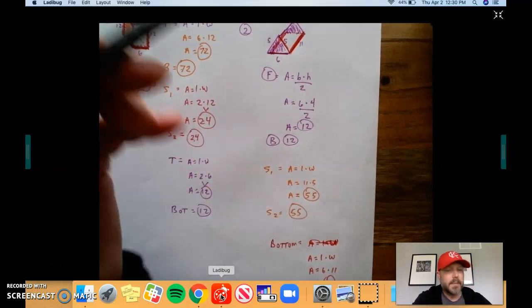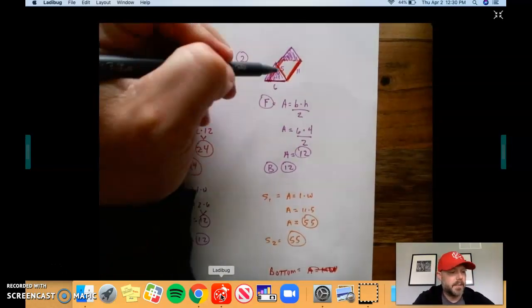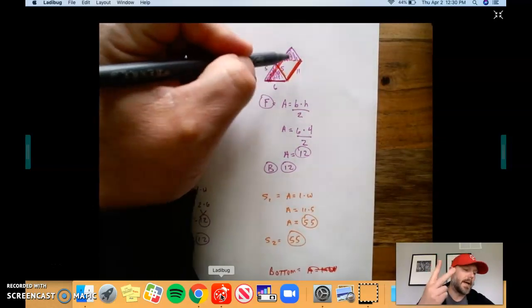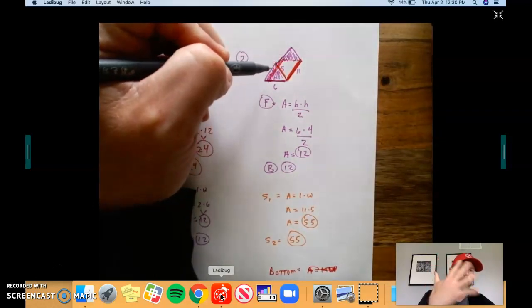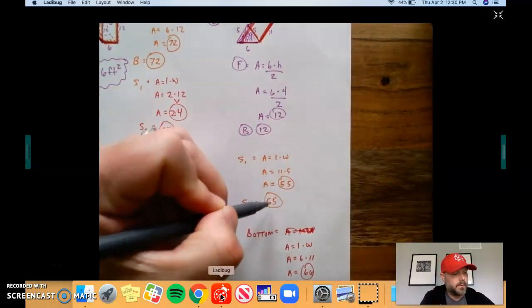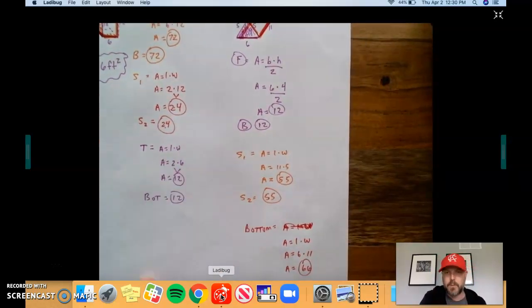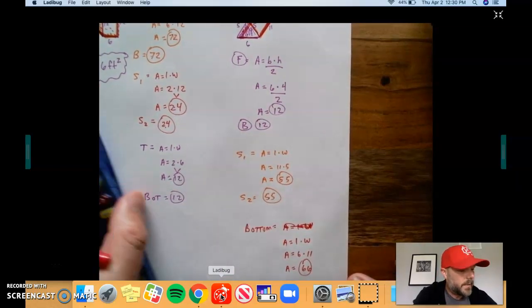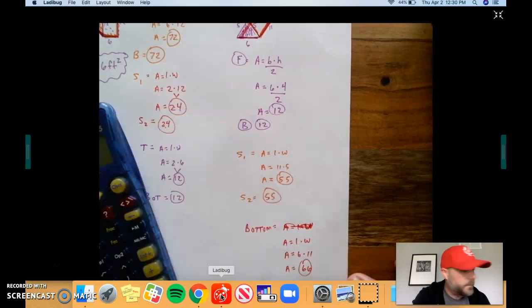So I should have my 5 faces, a front, a back, the 2 sides, and the bottom. There's 5, okay? And I have 1, 2, 3, 4, 5 numbers here, so I'm in good shape. I just need to add them up. So we have 12 and 12. I know that's 24.